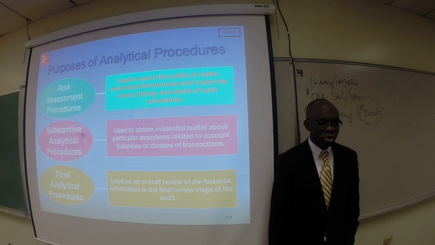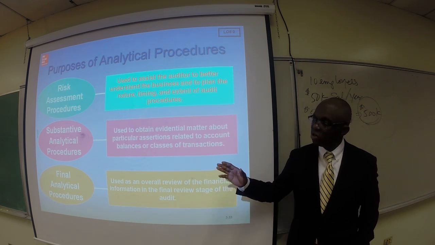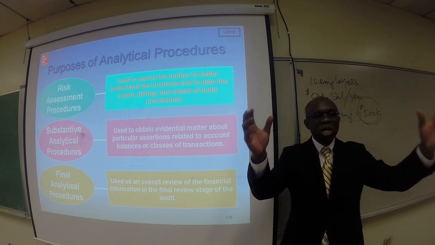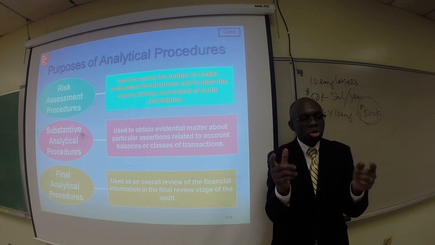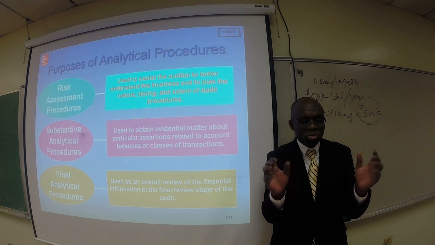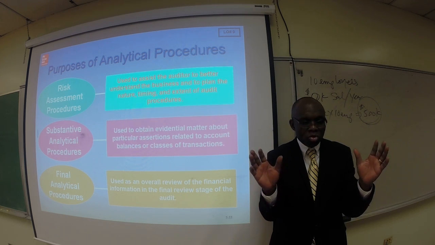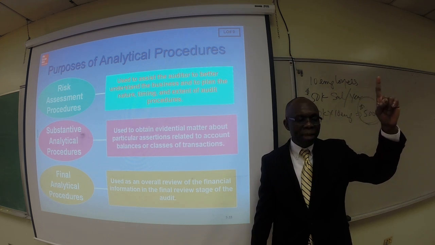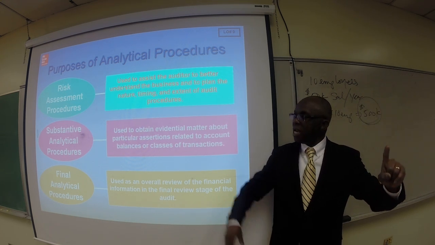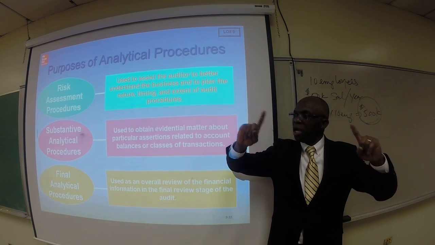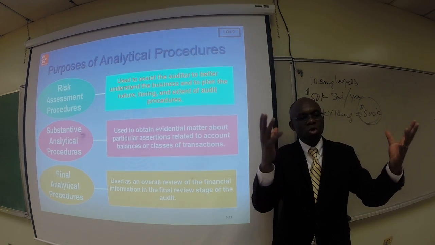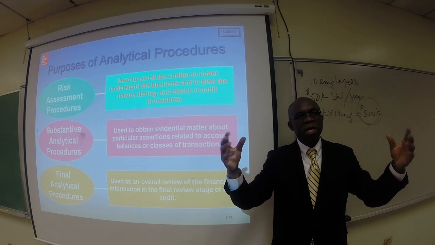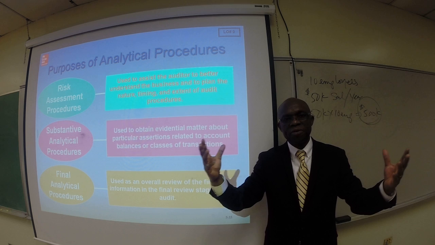Purposes of analytical procedures. We talk about analytical procedures. This is very important: risk assessment, substantive analytical procedure, final review. So essentially, auditors use analytical procedures really in 3 different stages of the audit. Number one, at the beginning, during planning, and it's actually required that you use analytical procedures, right? For example, you can do a comparison between one year and the other in terms of the financial statement balances to see whether anything will pop up, any unusual or significant differences.